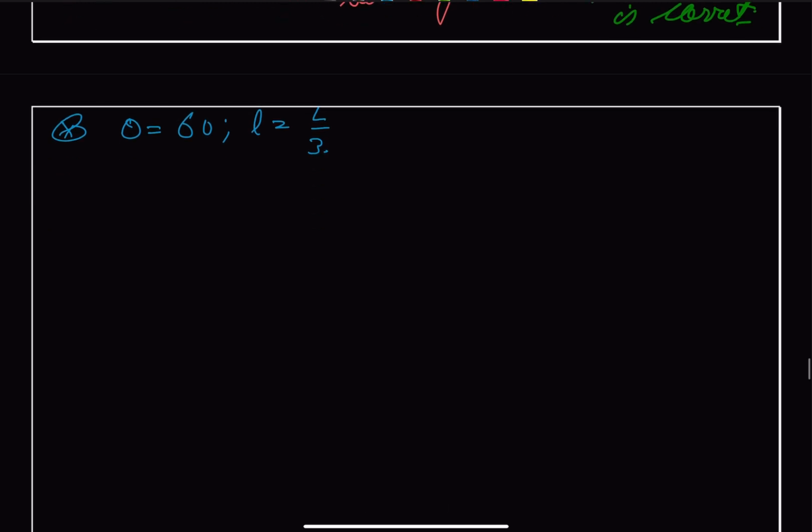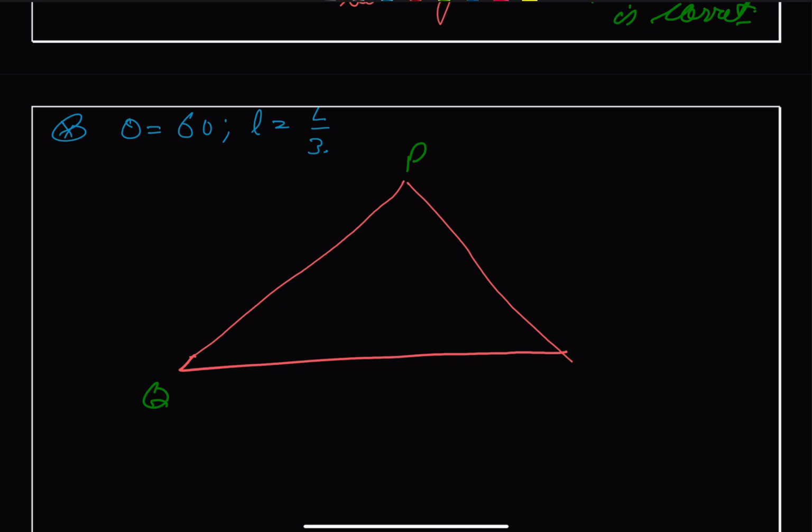And once again, we can draw the approximate figure for that. Let me draw a bigger one this time. And we have this as P, Q and R, and the hole is at L by 3, so the other side distance will be 2L by 3.